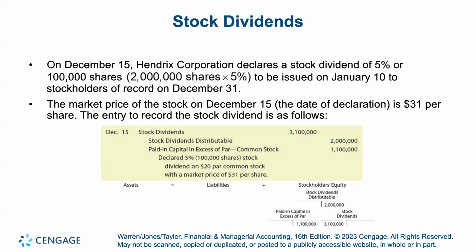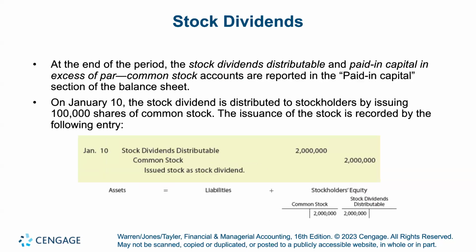So that looks a lot like the cash, but instead we're doing this stock dividends distributable. Then when we actually issue it, we'll do a debit to stock dividends distributable and a credit to common stock. So that's how we do it.